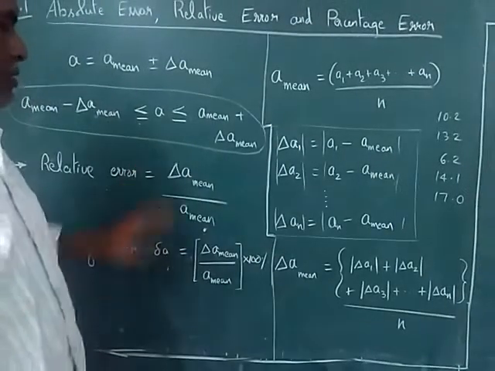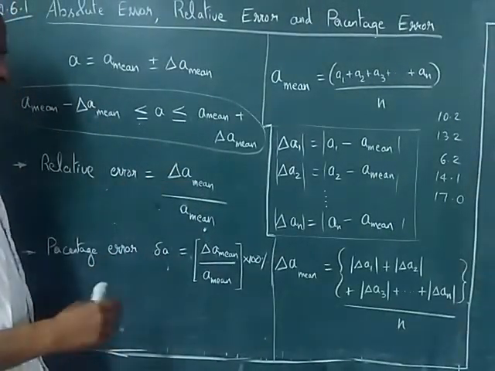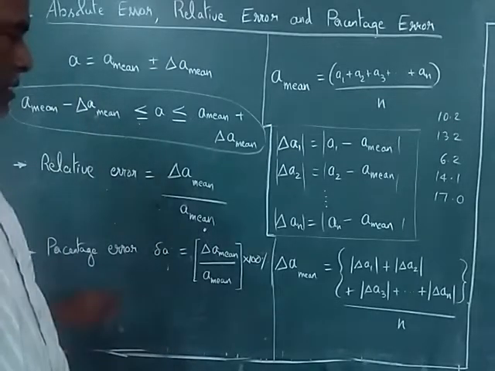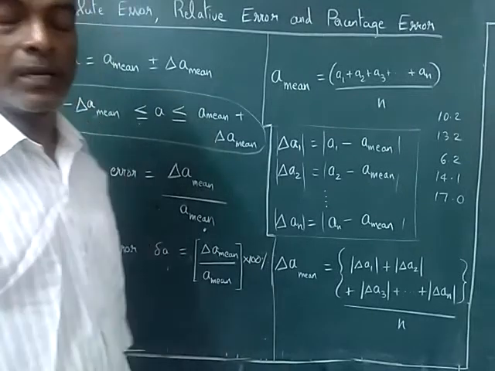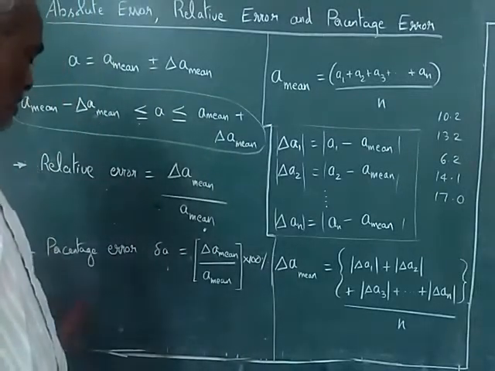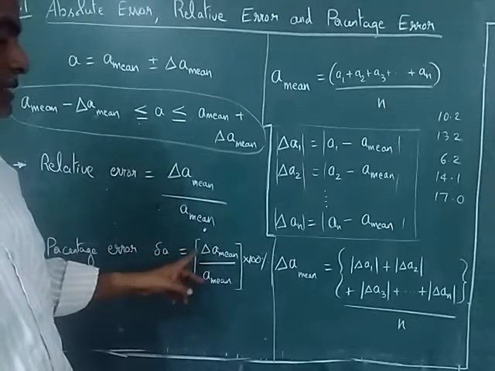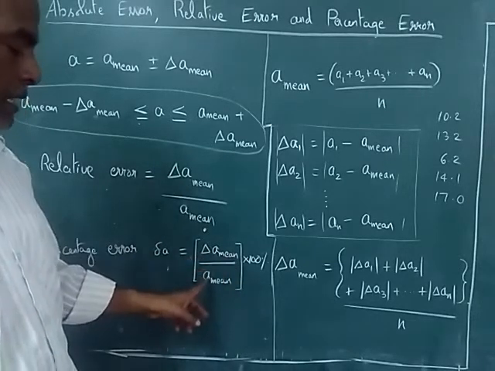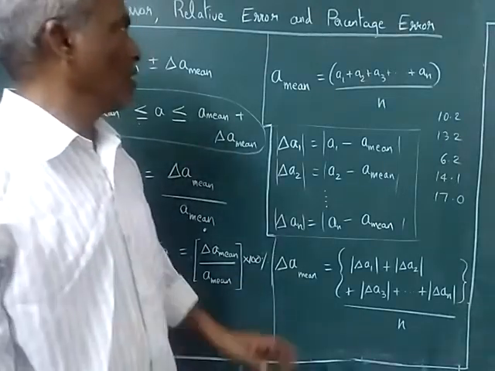This ratio is called relative error. And then we have percentage error: this value multiplied by 100% gives you the percentage error. The percentage error is given by del A equal to del A mean divided by A mean into 100%. That's all about this topic.